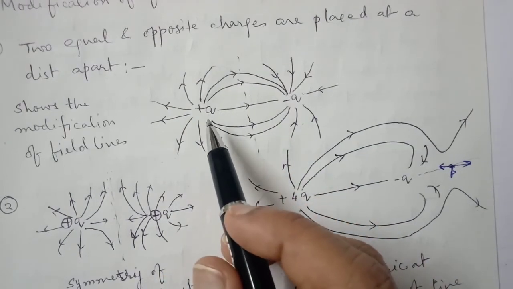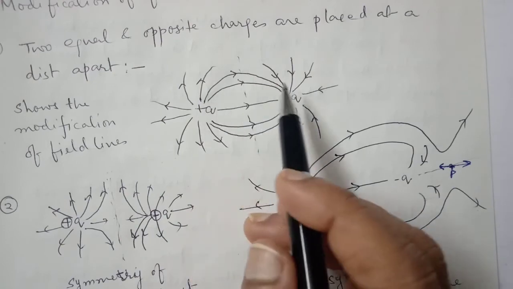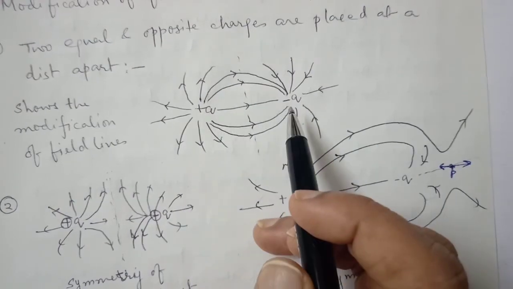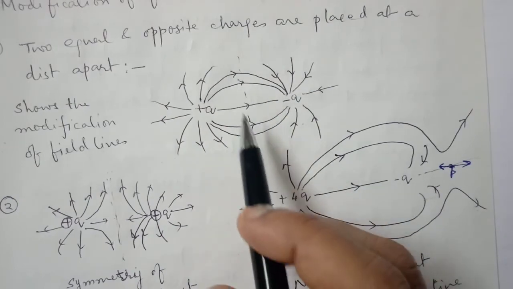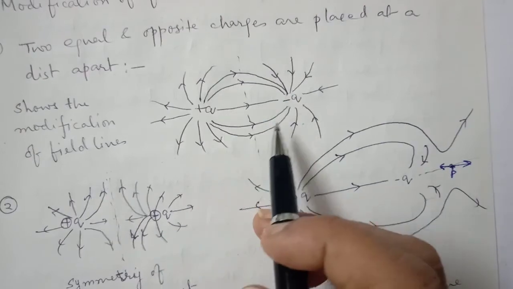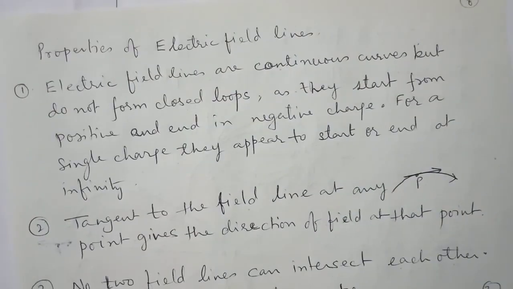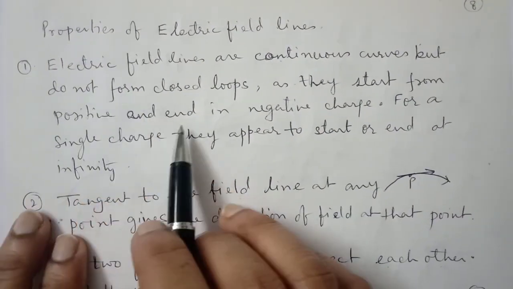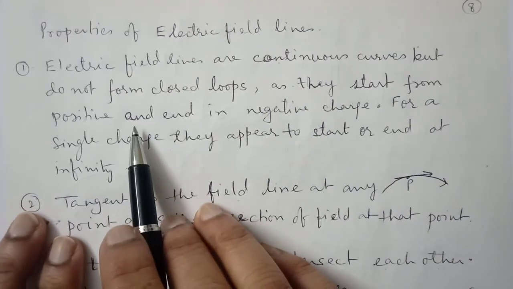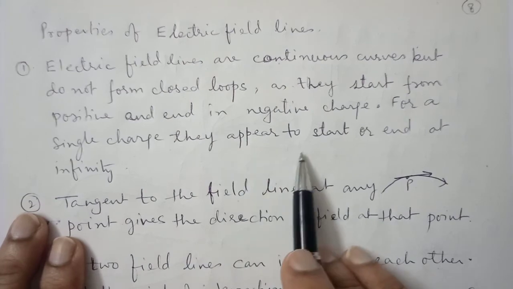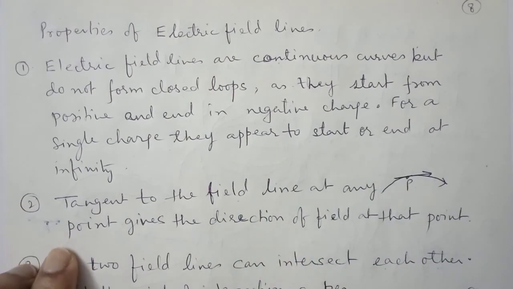In case of the electric charges, it is a field from here to here, again a field here to here. So in this region it is continuous, but as far as loop is considered, the continuity breaks. So they start from the positive and end in the negative. For a single charge, they appear to start or end at infinity.